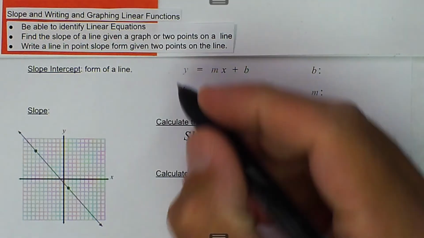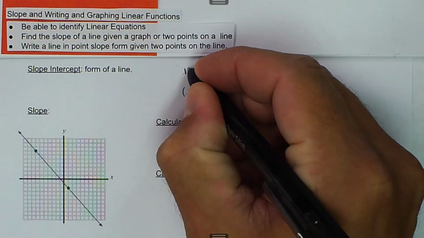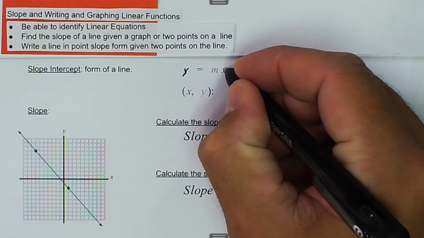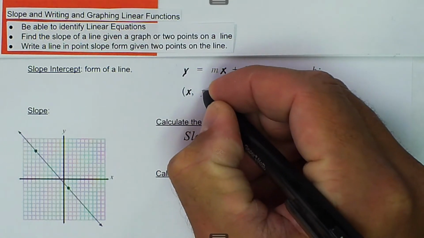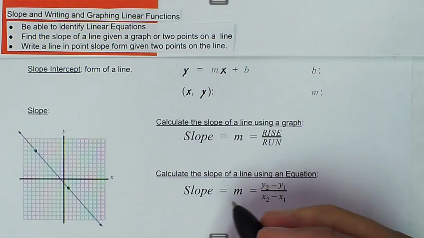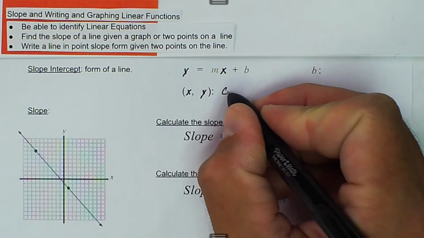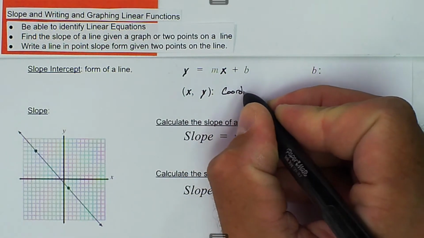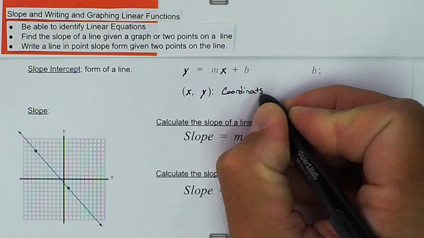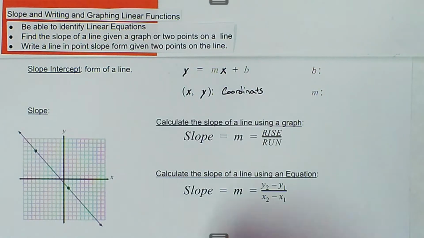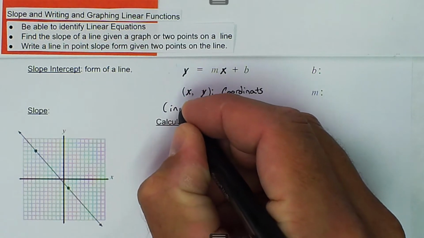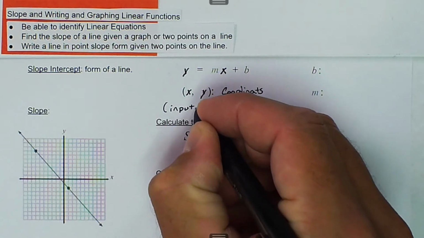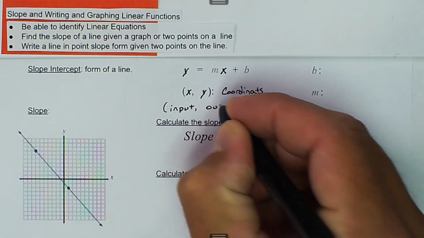where y and x, those are a coordinate point, where x is the input and y is the output.